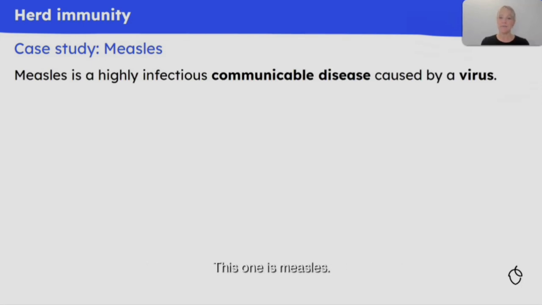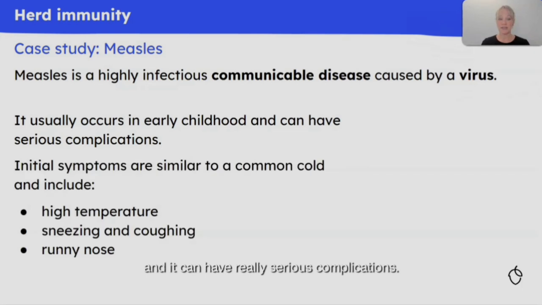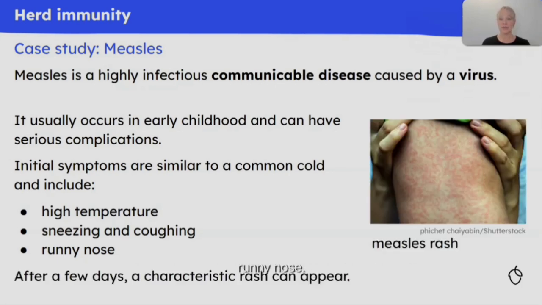This one is measles. Measles is a communicable disease, so it can be passed from organism to organism, and it's caused by a virus. It usually occurs in early childhood, and it can have really serious complications. The initial symptoms are similar to a common cold: high temperature, sneezing and coughing, runny nose.